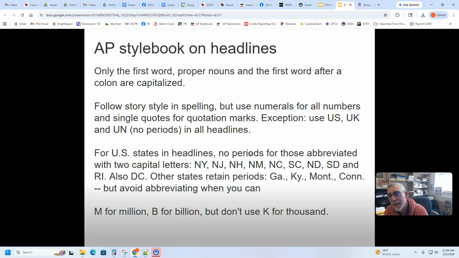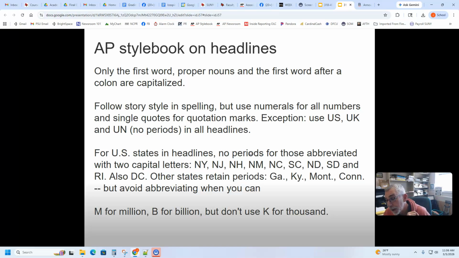But they also say that's kind of stupid. Why don't you rewrite the headline or the sentence to get that word out of there? Yeah. So follow story style and spelling, but use numerals. Use the number, not the word, for all numbers. Do you have a choice to use the word or the number? People treat it like that, but you're really supposed to use the number.